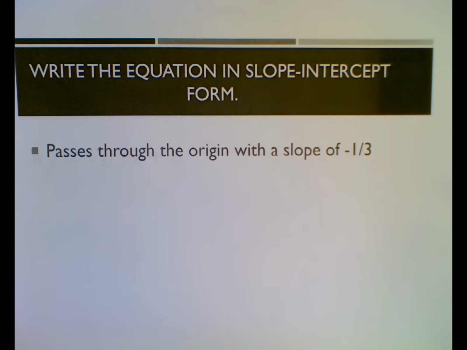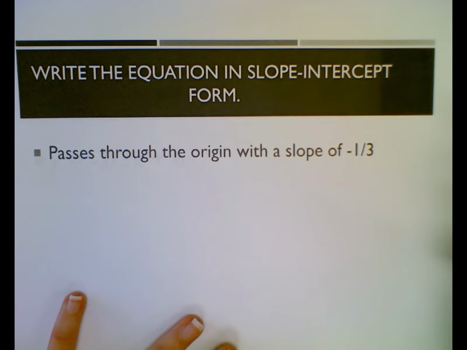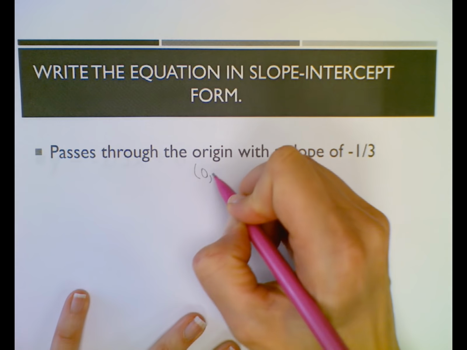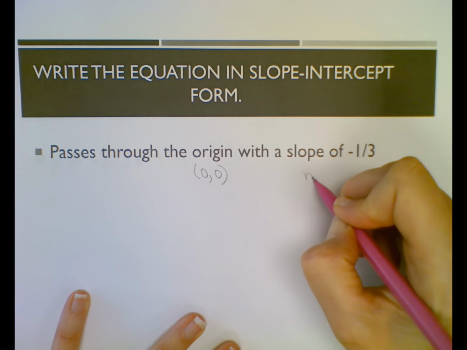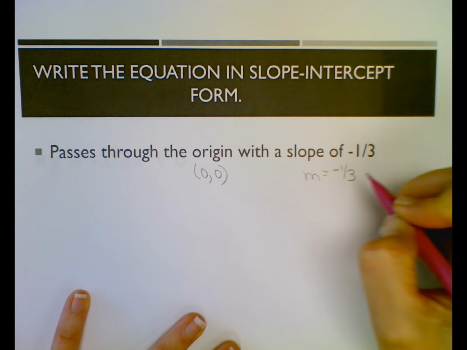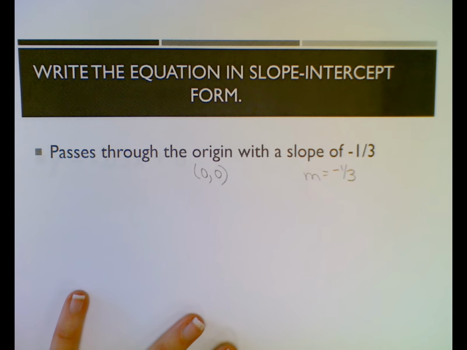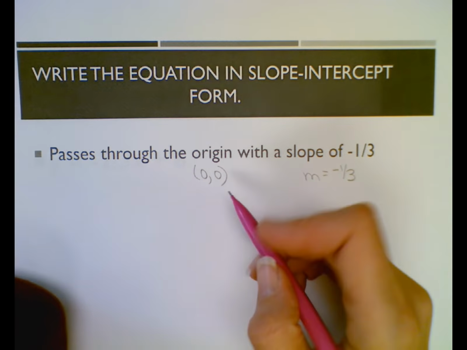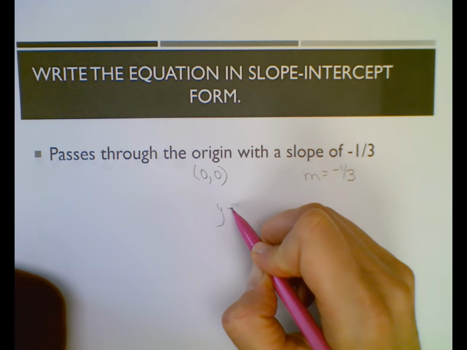Write the equation in slope-intercept form. Well, it says I pass through the origin. Well, that's going to be 0, 0. And here, m is negative 1/3. So there's a couple things you can think about here. You can think about direct variation because it's going through the origin, and that would make your life easy. But if you're a little bit stuck, you can always go back to point slope form.